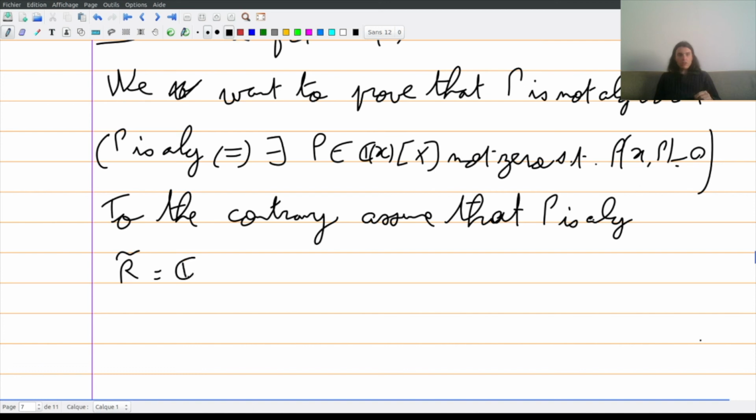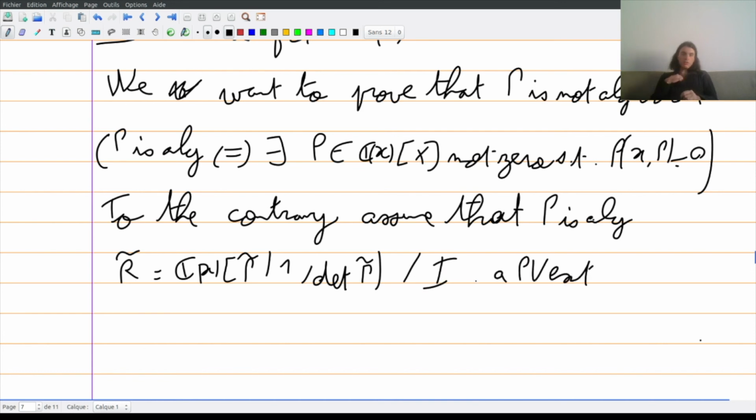So I consider R tilde, the Picard-Vessiot extension, where I is a maximal sigma ideal.